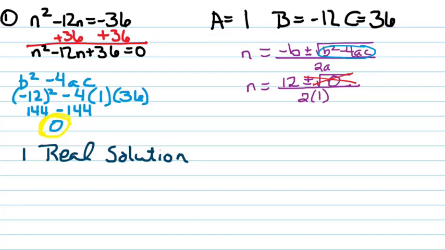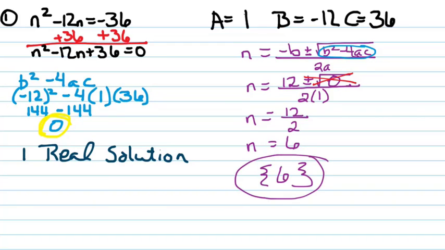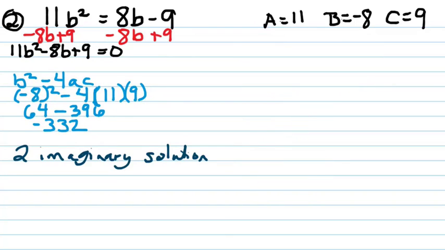In this problem, we're left with 12 divided by 2, or n is equal to 6. So our one solution is 6. We will come back to do the imaginary solutions at another point. For now, we'll go on to question 3 and work that.